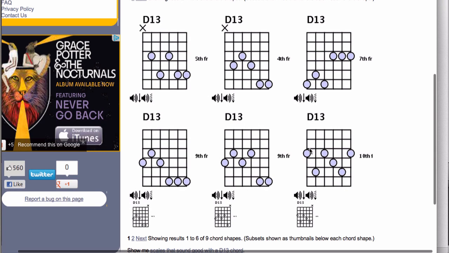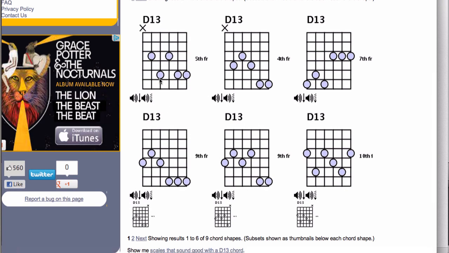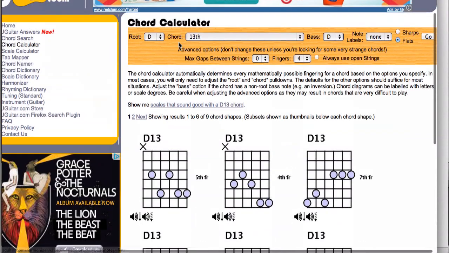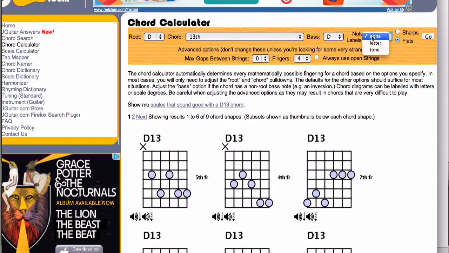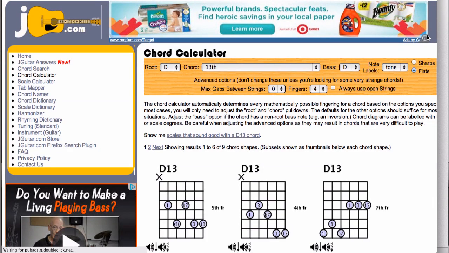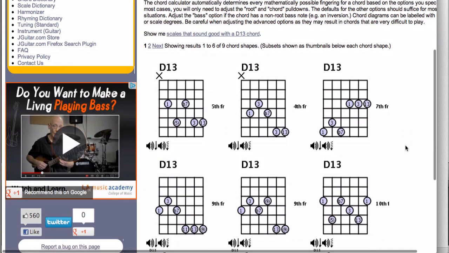Just having dots is kind of practical just to start playing it, but it doesn't really give any knowledge. You could go strum this and you know this is D13, but you don't really know why. So I don't really like to think in terms of letters. I like to think in terms of scale tones, because then I can use the shape for any chord later. So this is pretty cool.